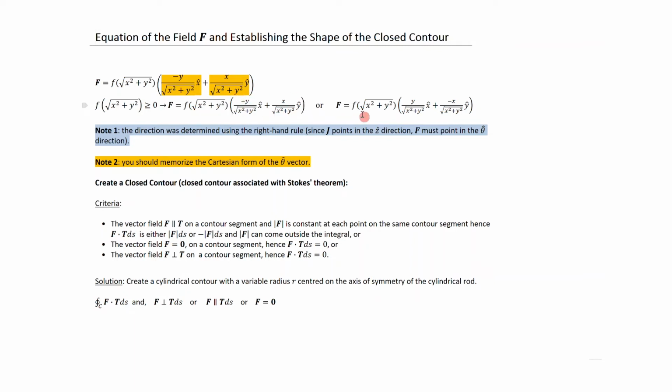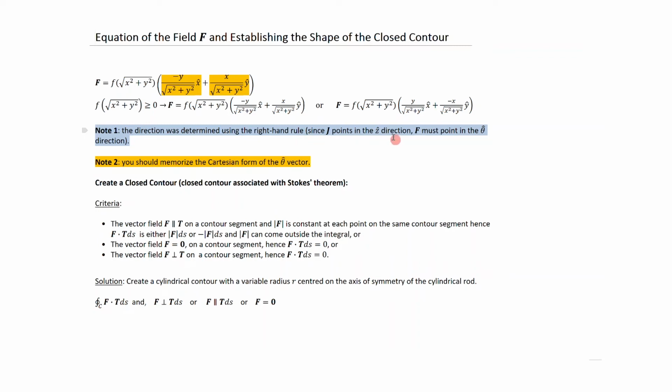On the other hand, you can have a situation where the field's in the opposite direction. Magnitude is still the magnitude, and the direction is determined by just multiplying this through by -1, so this becomes positive and this becomes negative. Again, the right-hand rule basically will determine the direction of the field.